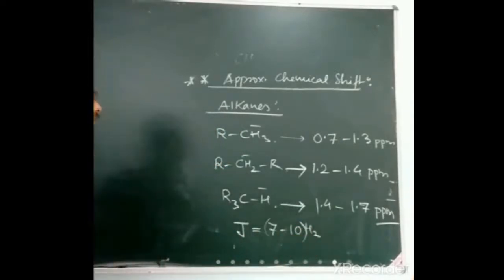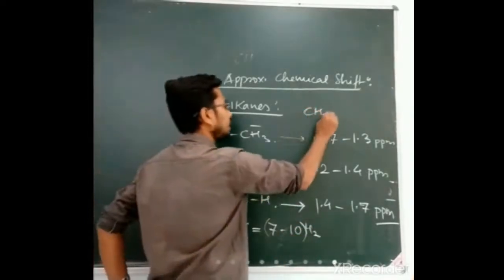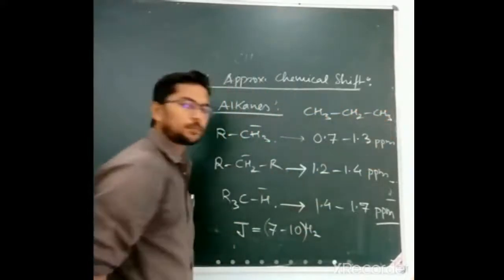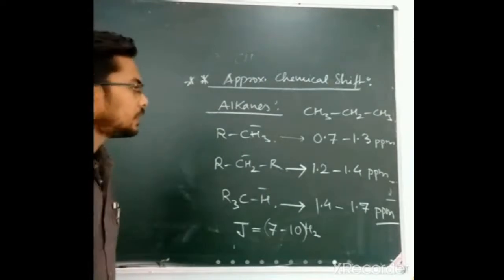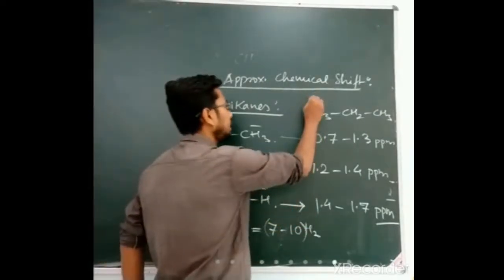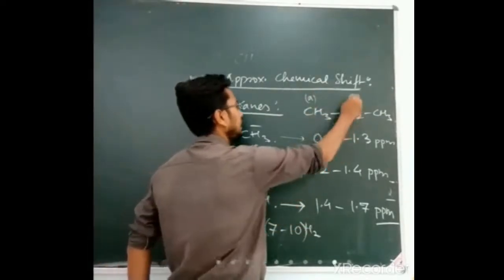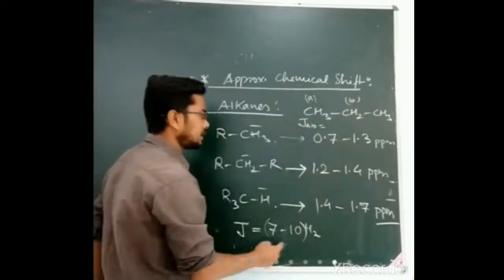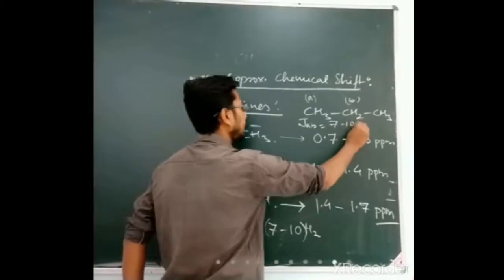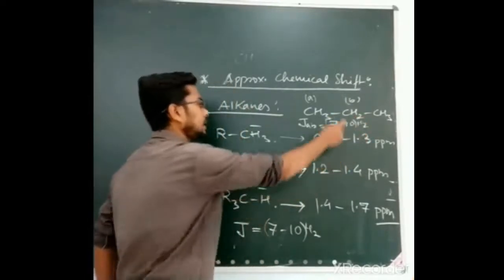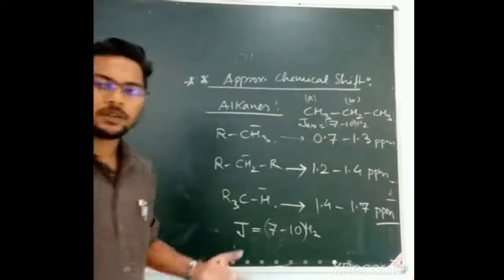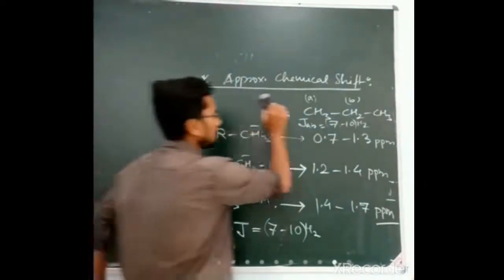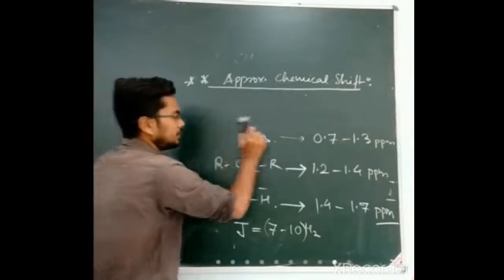That means what I'm saying is, if you have CH3, CH2, CH3, okay, propane, then the coupling between this HA hydrogen and HB, that means JAB, will fall in this range, 7 to 10 Hertz. Similarly, JBA will be exactly equal. So these kinds of couplings fall in that range, 7 to 10 Hertz.